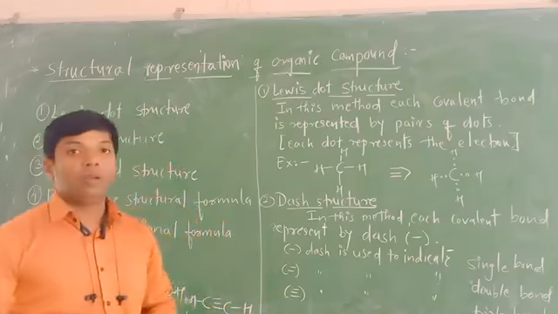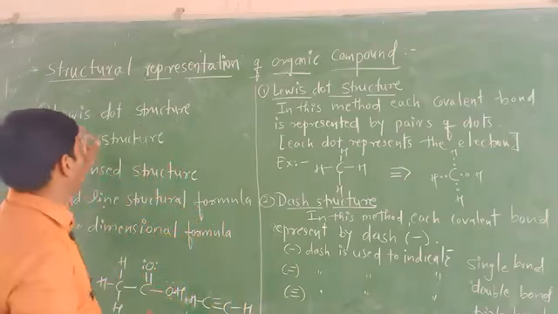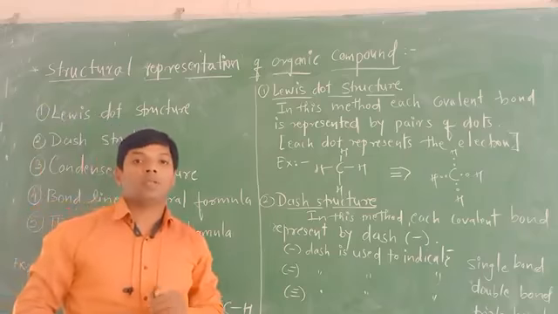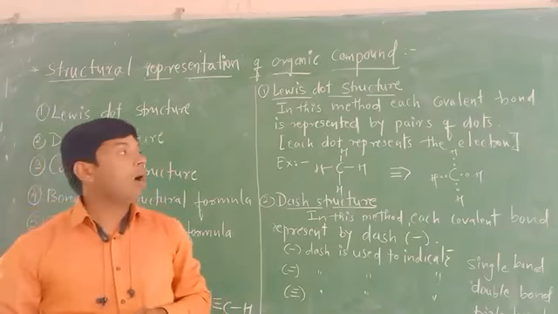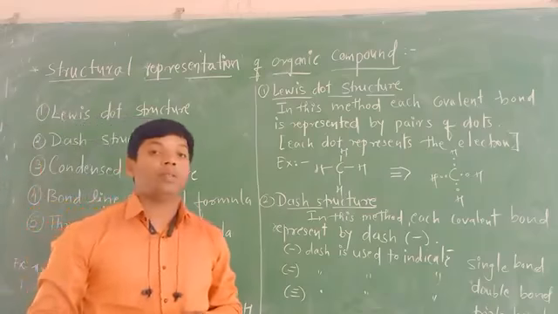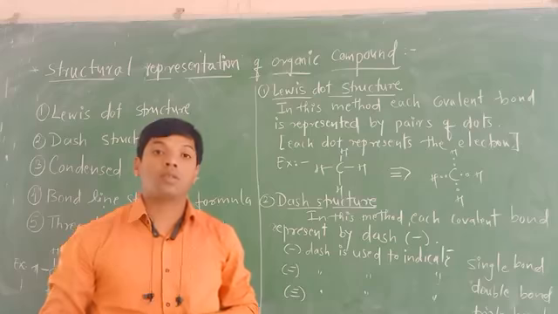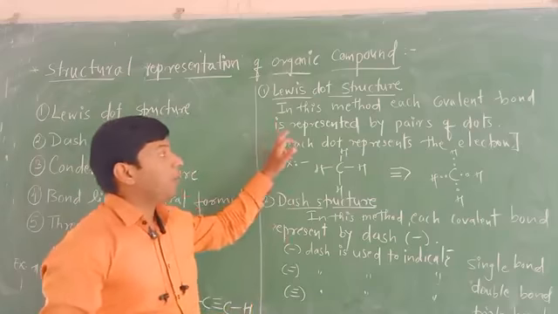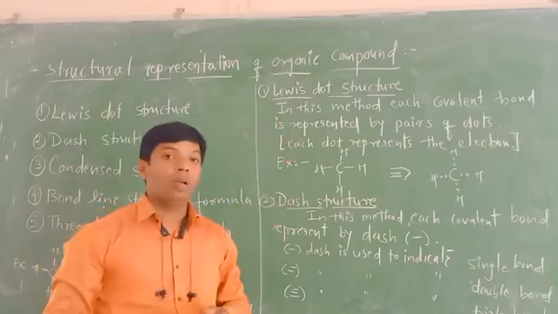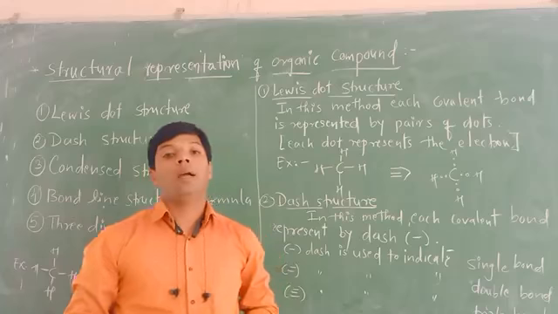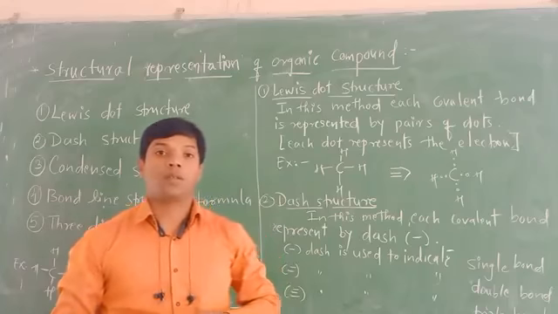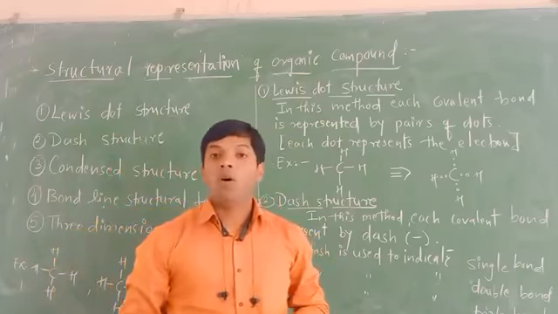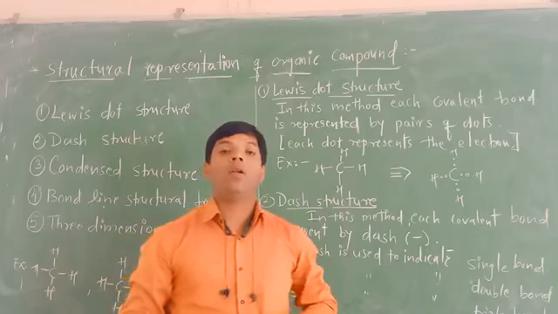First of all, we are going to discuss the first one, Lewis dot structure. By using the Lewis dot structure, one can write the Lewis dot structural formula. In the Lewis dot structural formula, each covalent bond is represented by a pair of dots, and the dot indicates the electron.